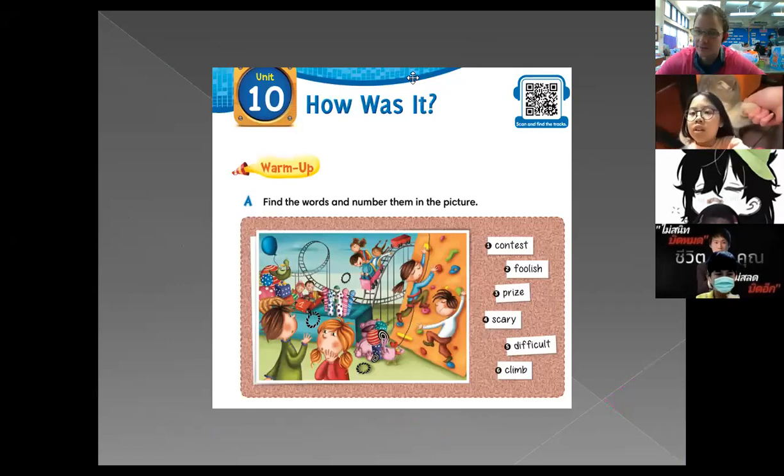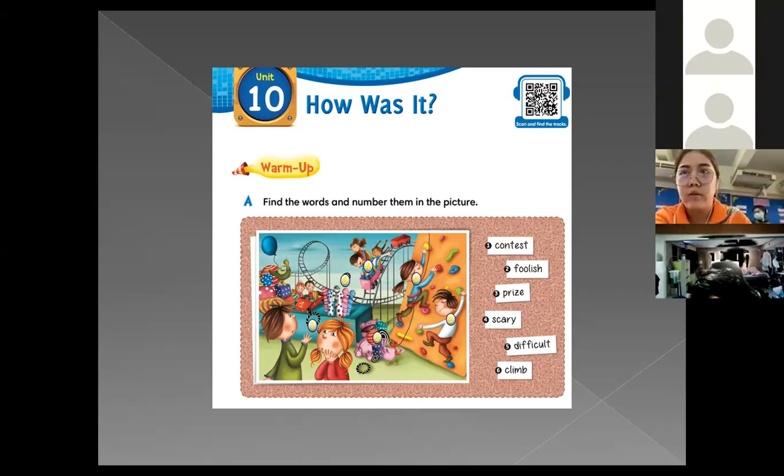We first look at the vocabulary: the first one was contest, second was foolish, the third was prize, the fourth scary, fifth difficult, and sixth climb.